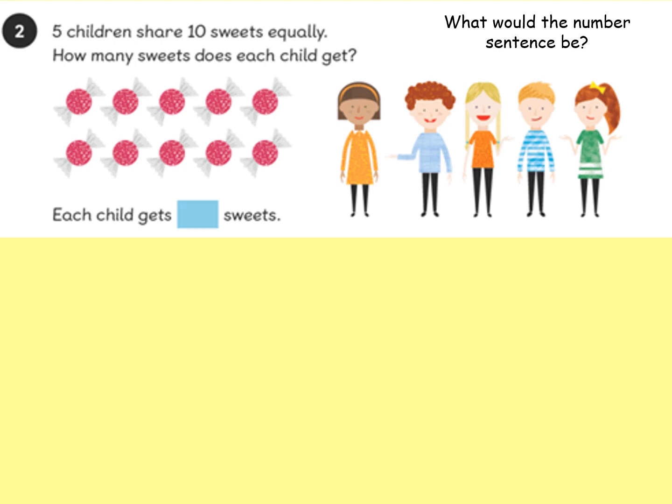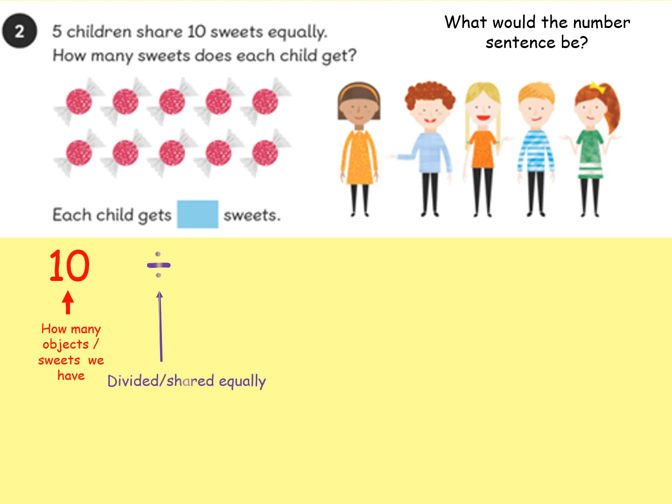Okay, so what's happening is that we're sharing some sweets. How many sweets do we have? 10. So that's our first number in our number sentence because we have 10 sweets, 10 objects. We know we are sharing them. It says share in the question. So we need our share sign, our division sign.